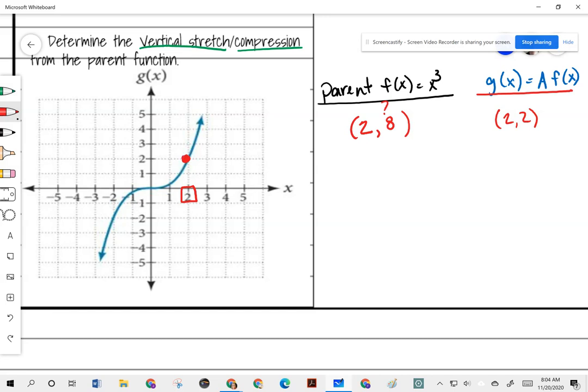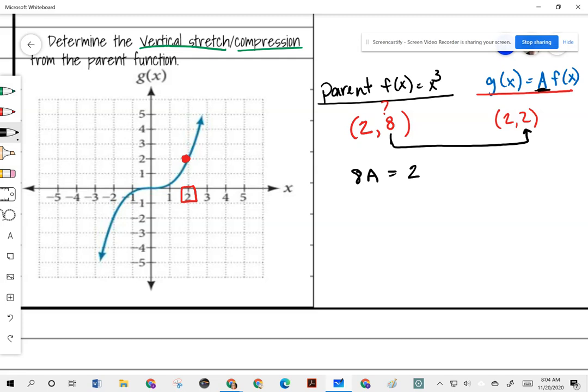So now that you've been able to identify what the point is on the parent and what the point is on your new one, now we can set this up algebraically. Where we are saying, well, 8 times a, because I'm going for my parent, right? 8 times some value of a is going to equal 2.